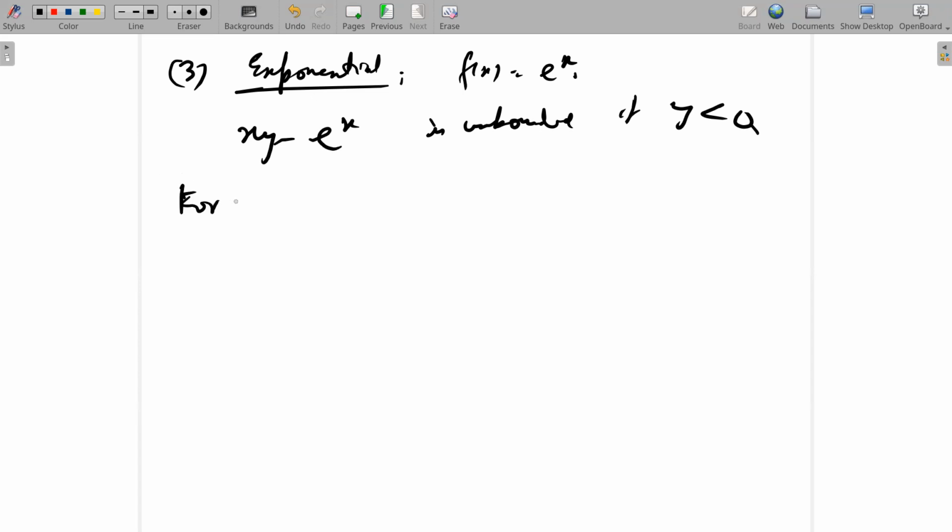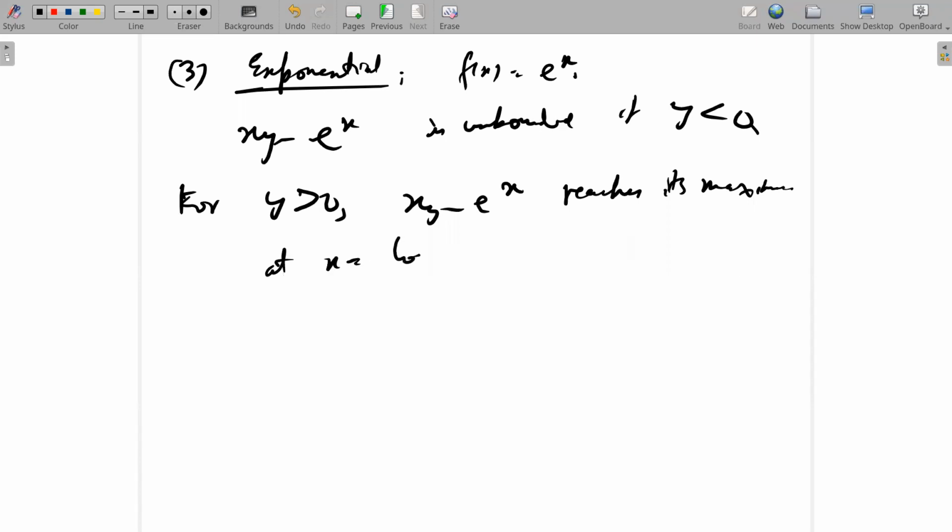For y bigger than 0, xy minus e to the x, if you take the derivative with respect to x, you end up with the equation y minus e to the x. So this means it reaches its maximum at x equals log y.